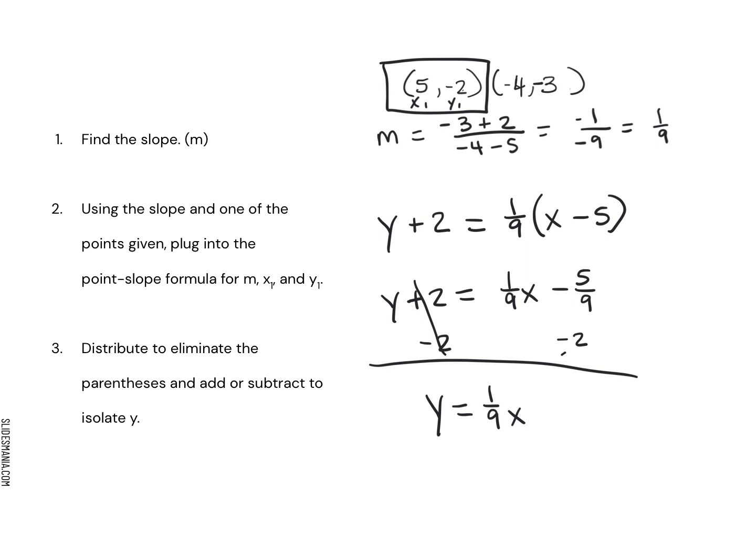I know that 2 is 18/9, so I'm going to have to subtract 18/9 here, which gives us minus 23 over 9. And so now I have y equals 1/9 x minus 23 over 9, and I'm going to leave that in fraction form. And that is it for this example.